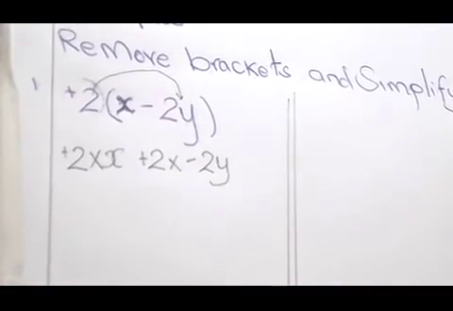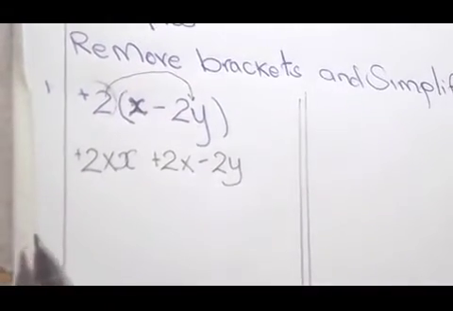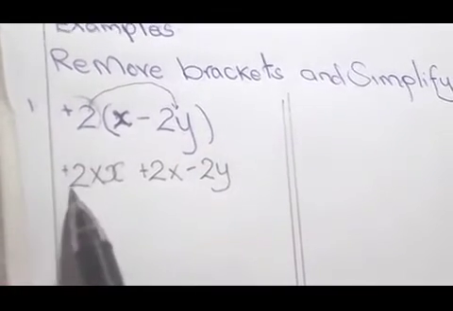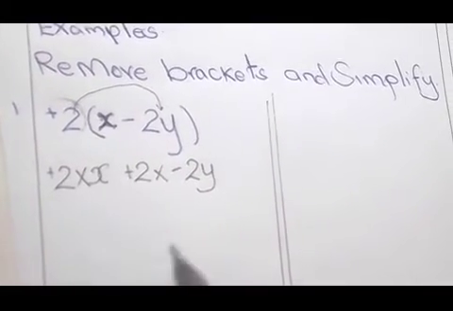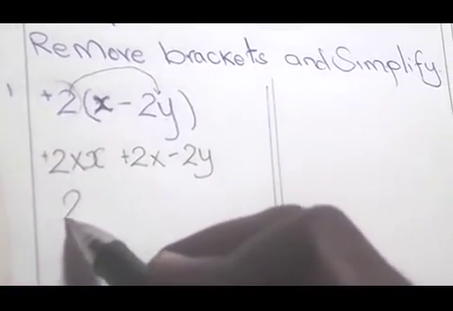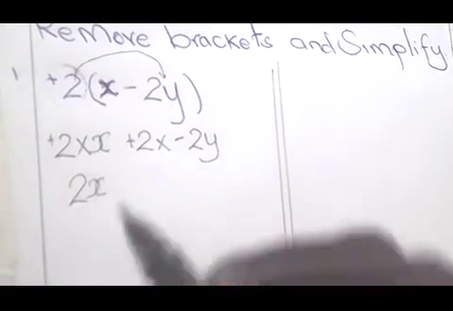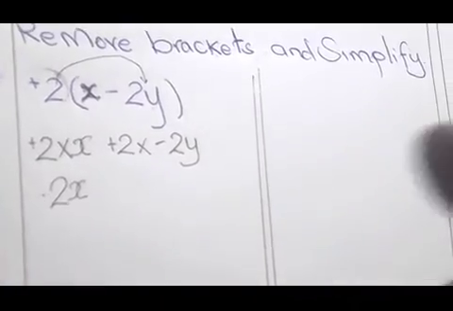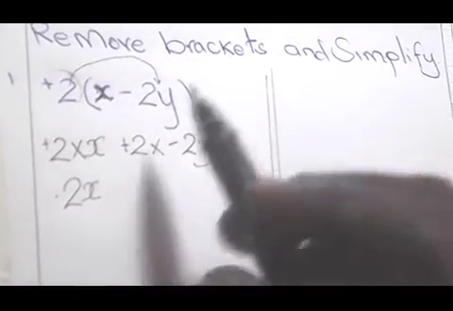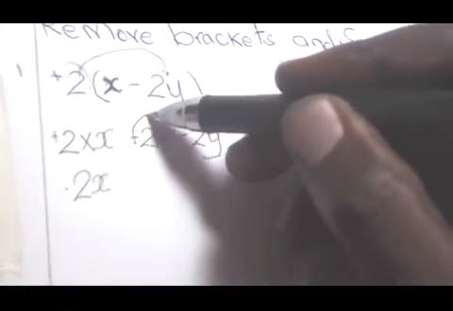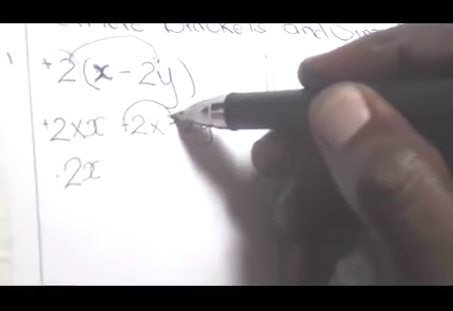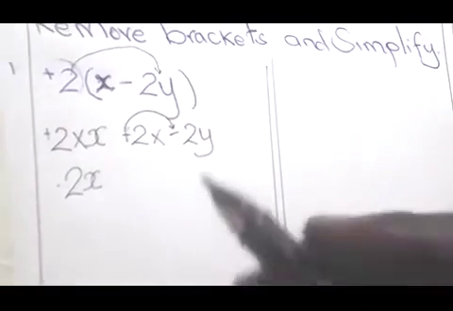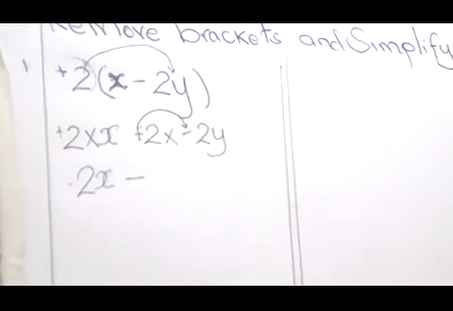Like that. So we are going to multiply these terms and come up with single terms. Positive 2 times x, what we get is 2x. Now, we can write a positive sign or we can leave it without. Here, we first multiply a positive times this negative. What do we get? We shall come up with negative.